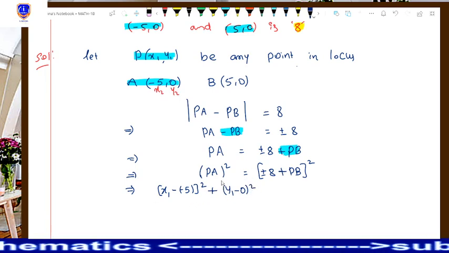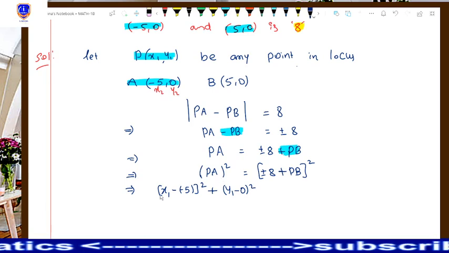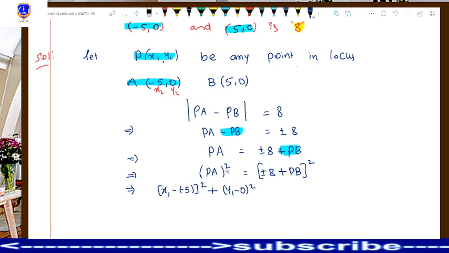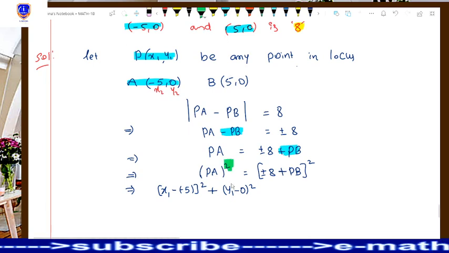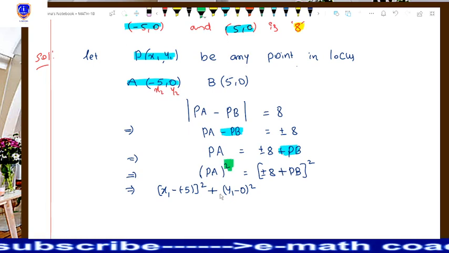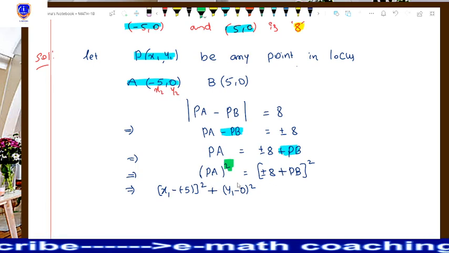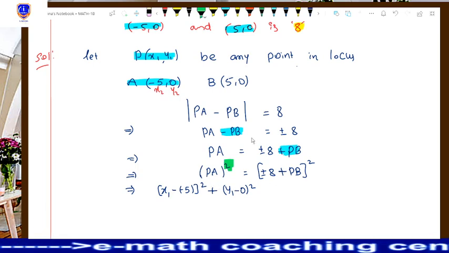We are not writing over root because it is already whole square, so there is no need to write over root for this expression.